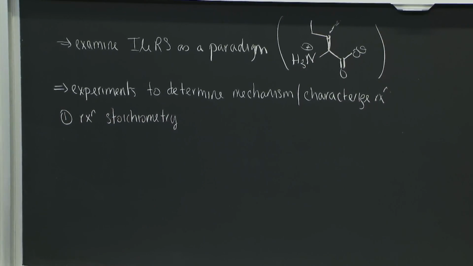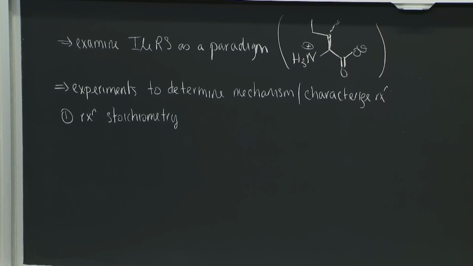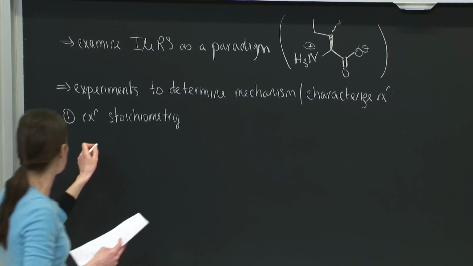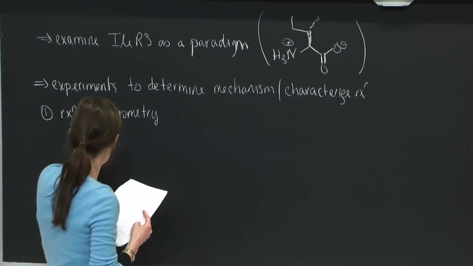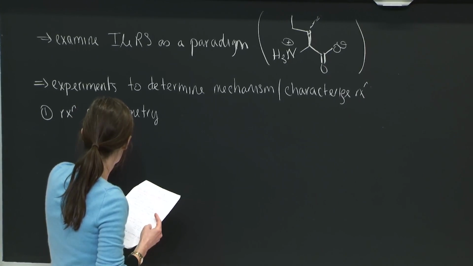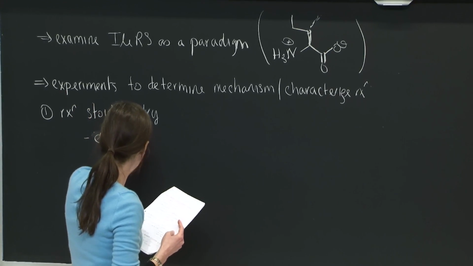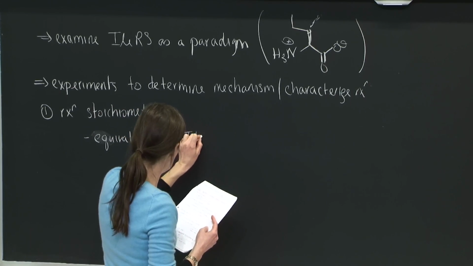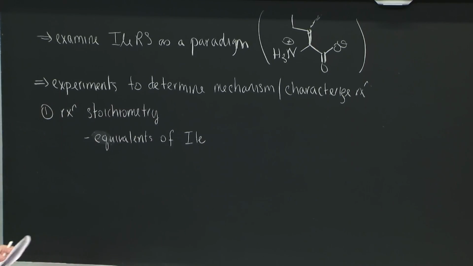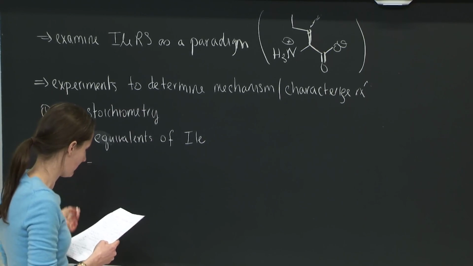We can think about the equivalence of the amino acid, so in this case isoleucine. How many equivalents of isoleucine? Okay, and presumably this isoleucine binds to the enzyme, so we can think about it as equivalents of isoleucine bound.